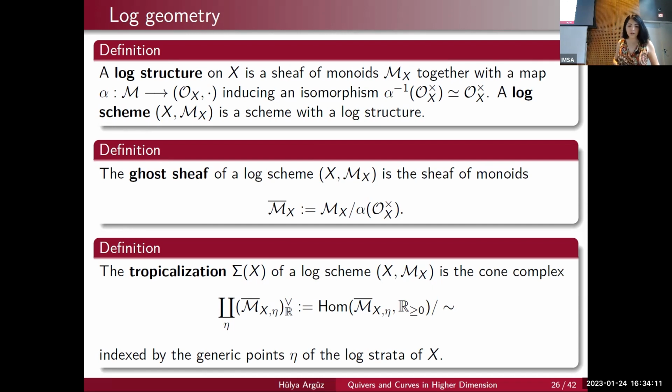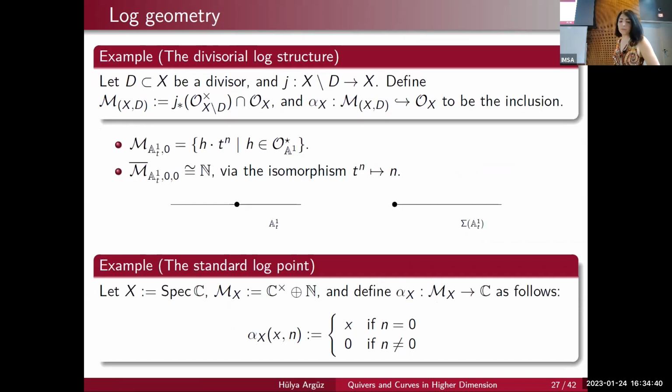For instance, we define the tropicalization of a log scheme using the Gauss sheaf. The tropicalization of a log scheme is a cone complex given by the union of cones Hom from M bar, the Gauss sheaf, to R greater or equal to 0, modulo some identifications which are given by generization and specialization maps.